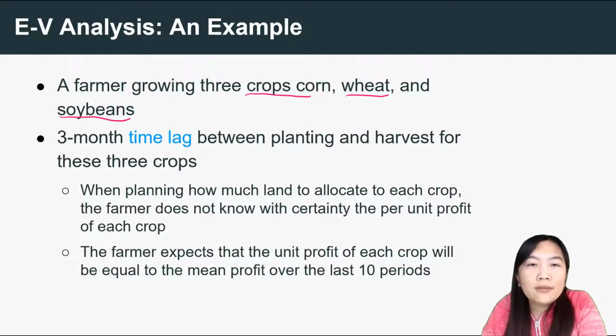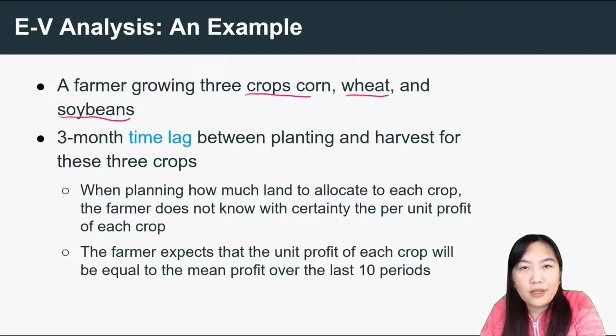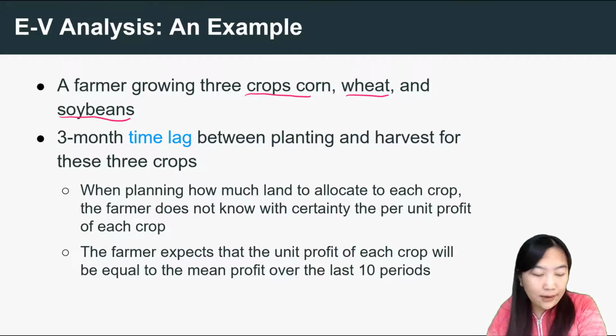So when planting, the farmer needs to decide how much land to allocate to those 3 crops. However, at the time of planting, the farmer doesn't know with certainty the per unit profit of each crop. However, the farmer has some knowledge of the profit of those crops in the past. So the farmer is expecting that the unit profit of each crop will be equal to the mean profit over the last 10 years or last 10 periods.